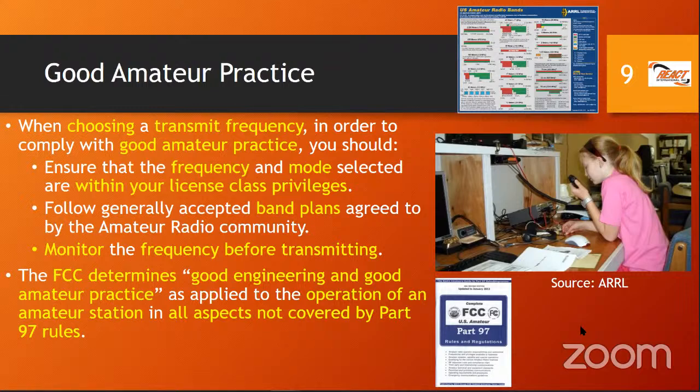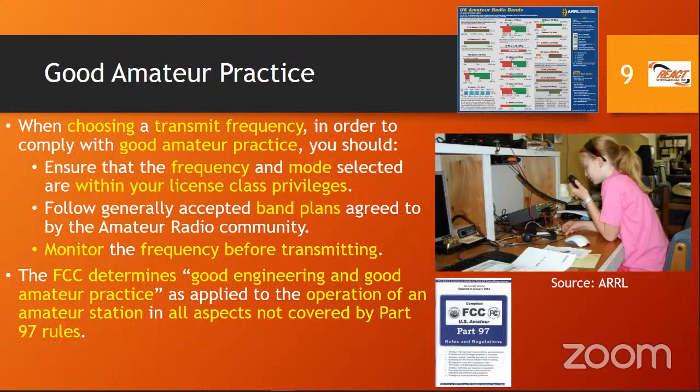And note that it's the FCC that determines what good engineering and good amateur practice is as applied to an amateur station. And you have the Part 97. We would have circulated that during the technician class. We also circulated it as handouts during the general class, and of course the links and the emails that everyone has gotten there.